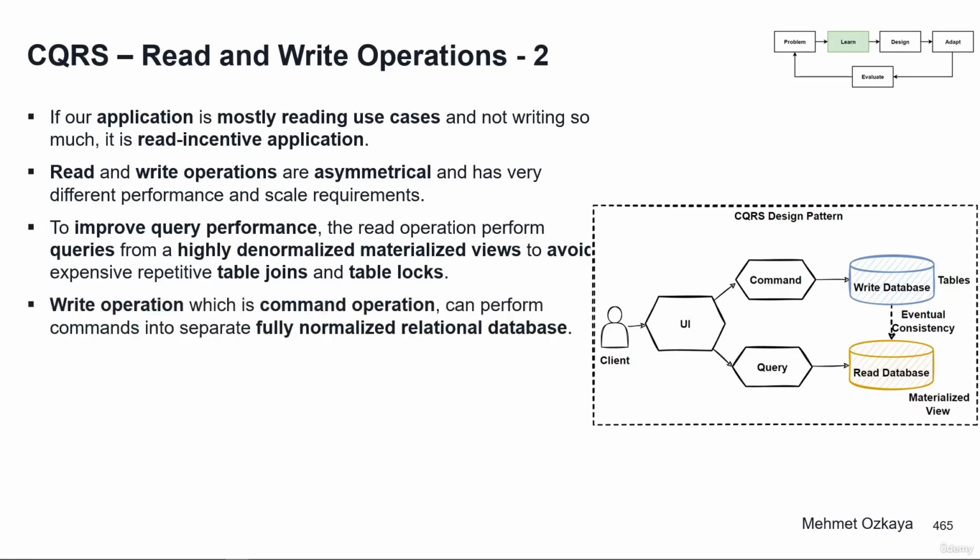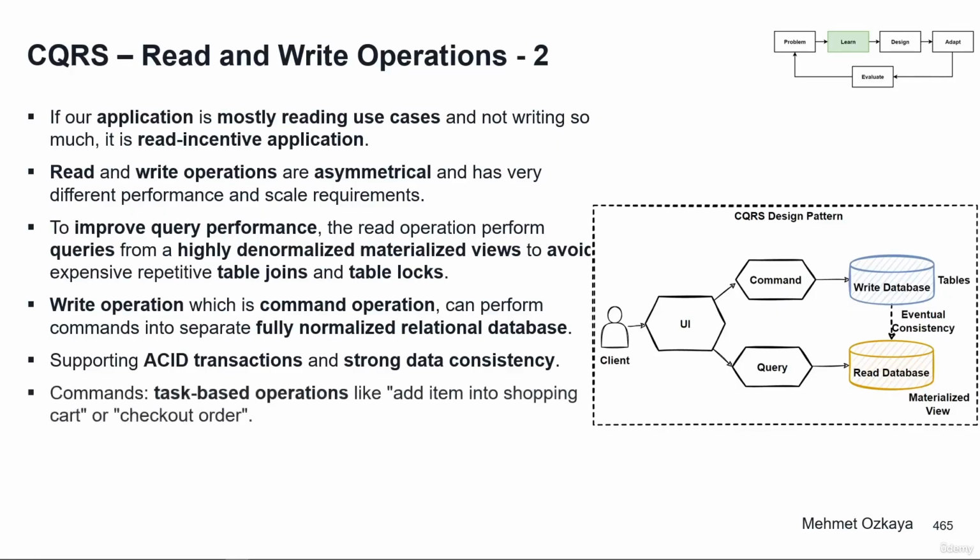At the same time, the write operation, which is the command operation, can perform commands on separate, fully normalized relational databases, which support transactions and strong data consistency. So we can say that CQRS separates read and write into different databases. Commands update data, queries read data.